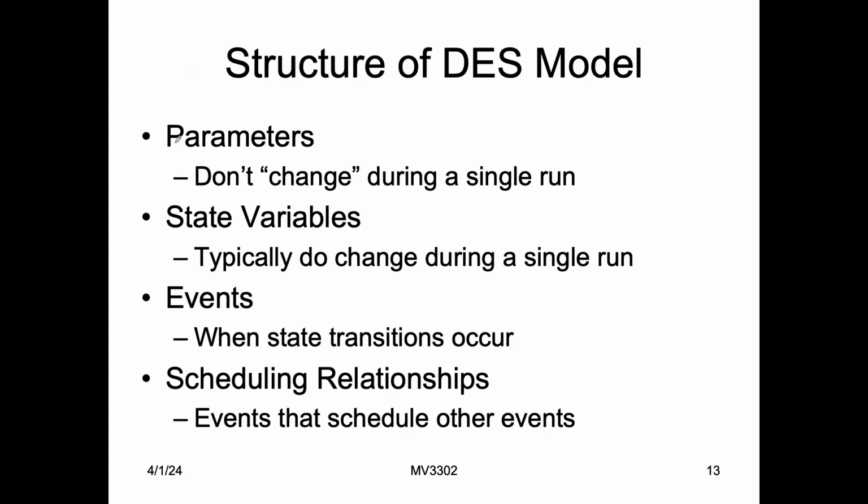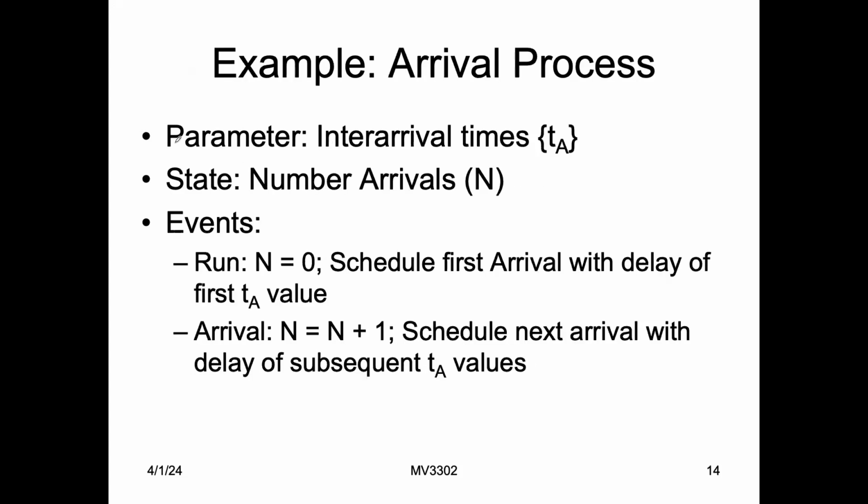So, okay, this is all a bunch of talk, but let's look at the hello world, or the simplest non-trivial discrete event model. And that's called the arrival process. What we're modeling here is just things that show up. And when do they show up? Well, that's our parameter. The parameter is just some sequence of inter-arrival times.